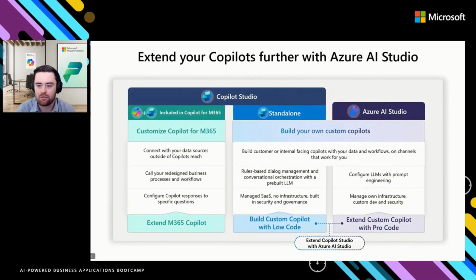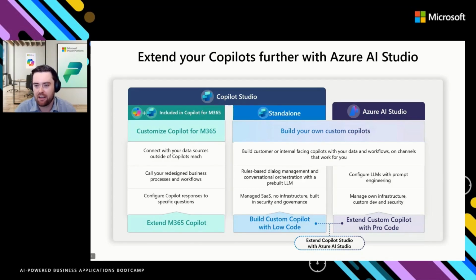And then, of course, as I noted before, there's no cliffs when building these custom copilots. You can build your custom model in Azure AI Studio, and then plug those right into your custom copilot experiences that you've built in Copilot Studio.